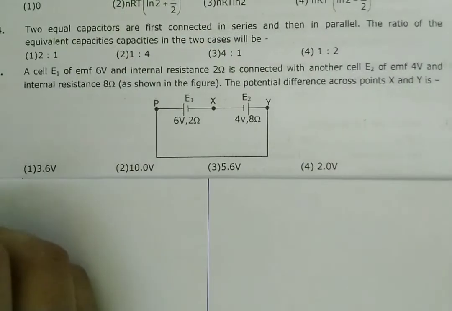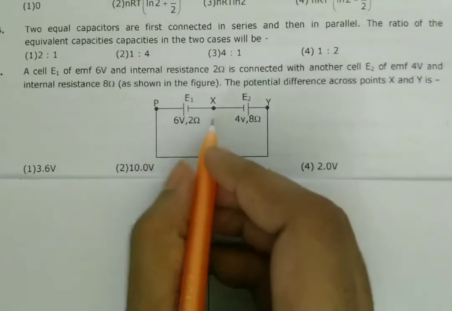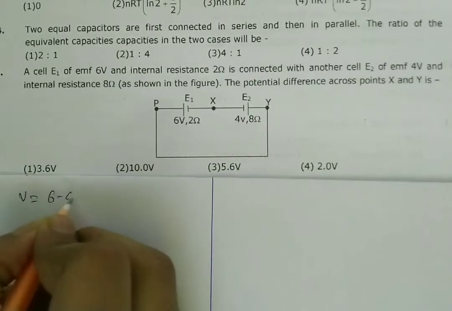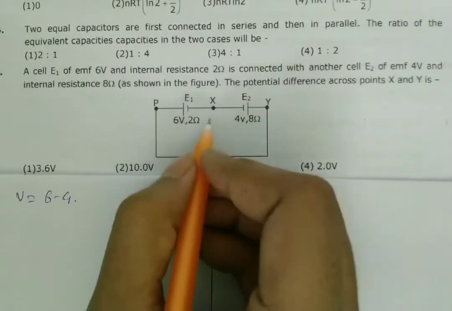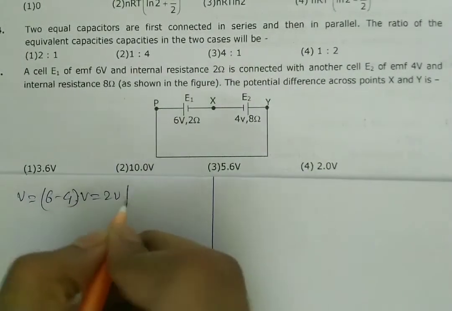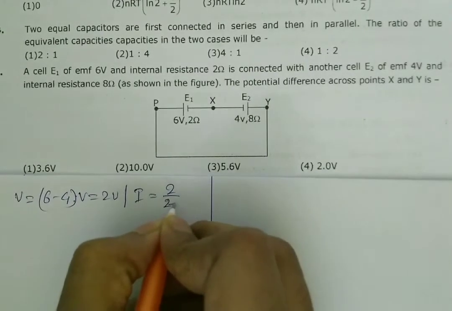So in question number 5, we have to find the potential difference across the points X and Y. So we have to find the net voltage. So V will be equal to 6 minus 4, as the polarity is opposite, so will be 2 volt, and the total current will be 2 by 2 plus 8.